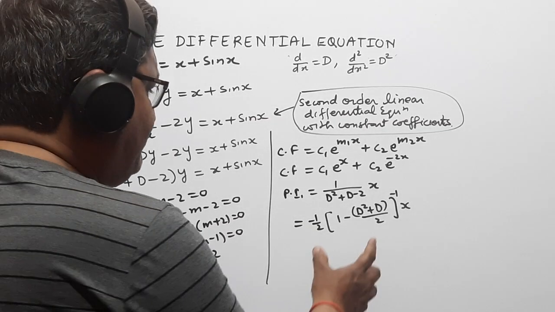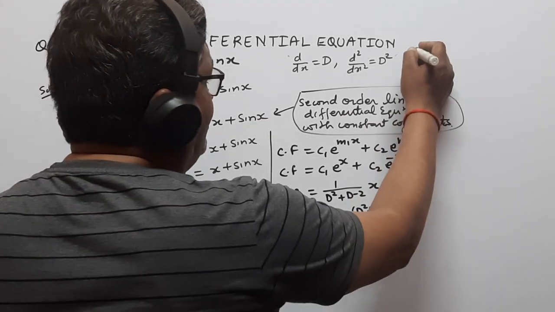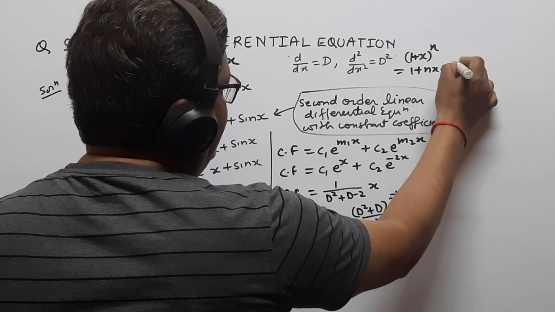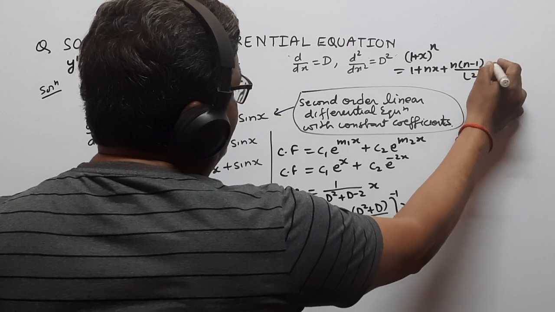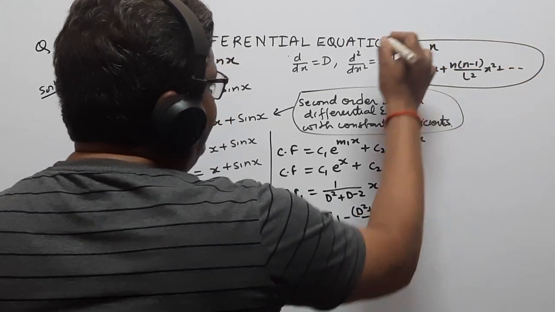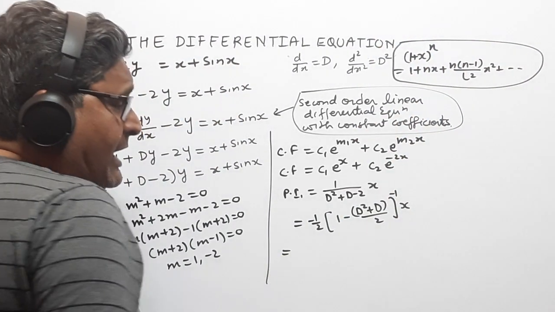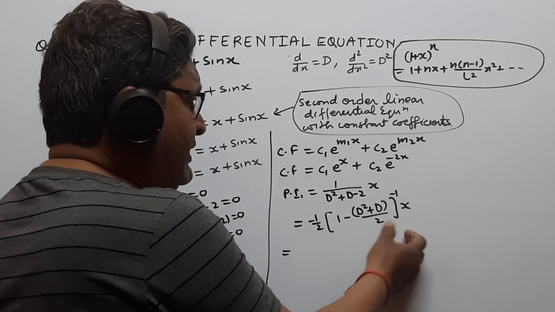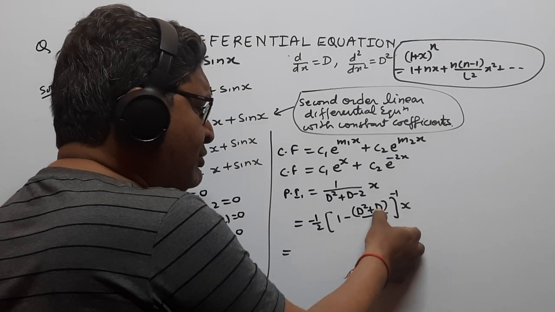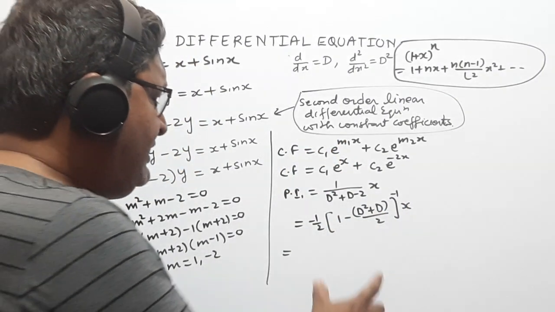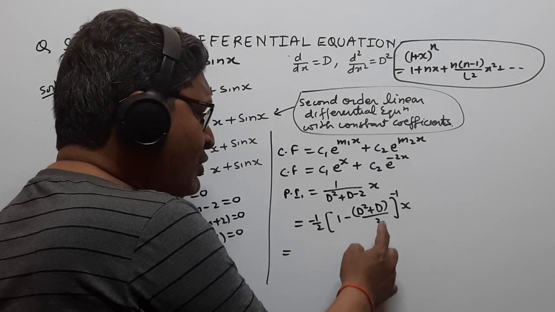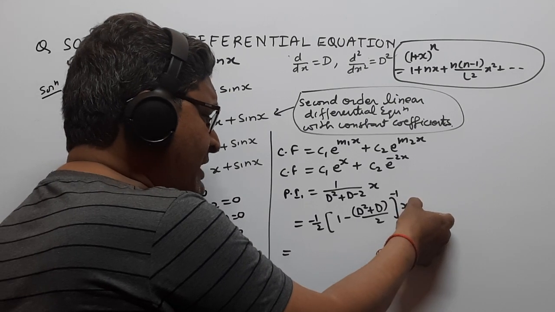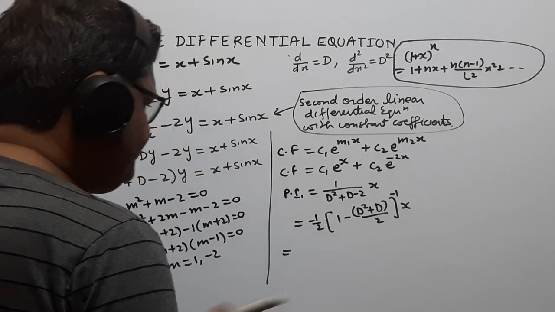Now we expand this, and you know that the expansion of 1 plus x to the power n is 1 plus nx plus n into n minus 1 by factorial 2 x square. Using this expansion we get the expansion of this, and we take only those terms in which the power of D and the power of x both are equal.